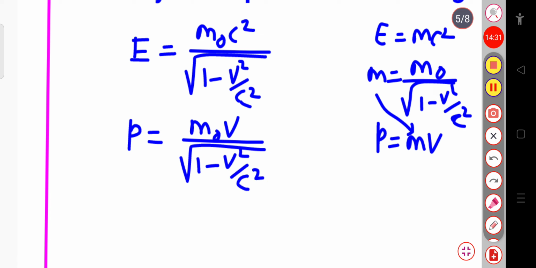We know the phase velocity, that is Vp equal to E by P. So our main aim is to calculate the phase velocity of the relativistic particle. So this is E by P.